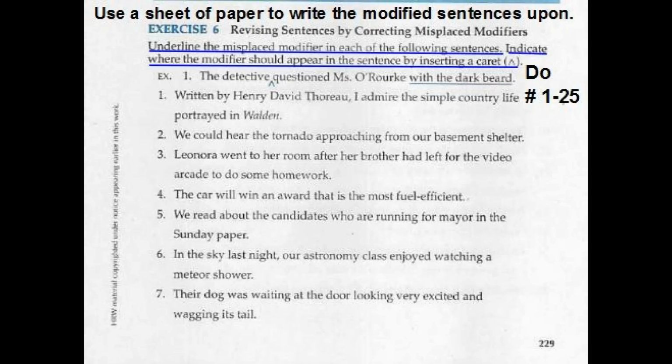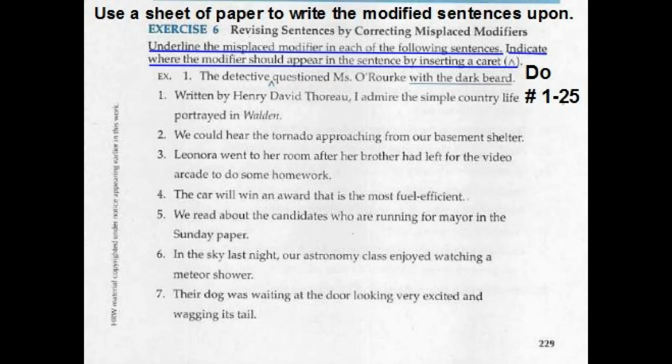And what I want you to do right now is to follow those directions, and I want you to do numbers 1 through 25 on pages 229 and 230. And then after you finish correcting those by putting the caret mark where the underlined phrase should belong, I want you to look at the answer sheets that I'm going to provide at the end here and check your answers.